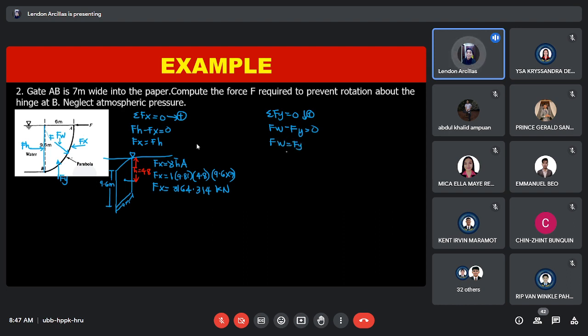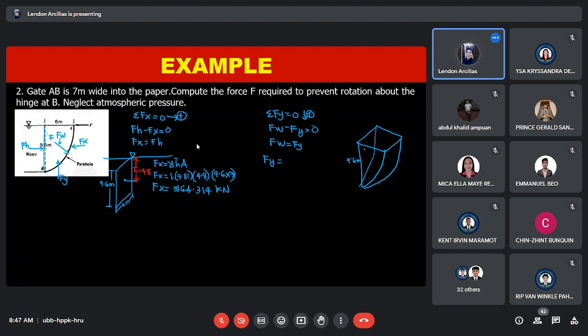Okay, how do we find f of w? Using the volume. Okay, kunin natin yung, again this is parabolic gate. So the height is 9.6.